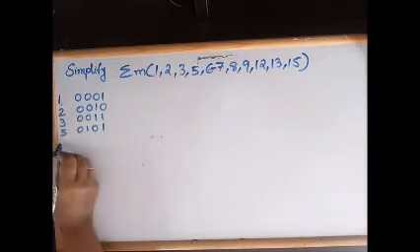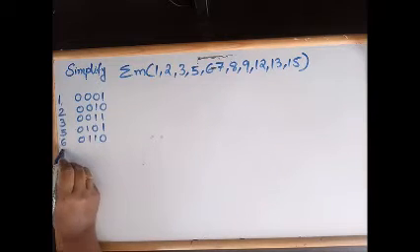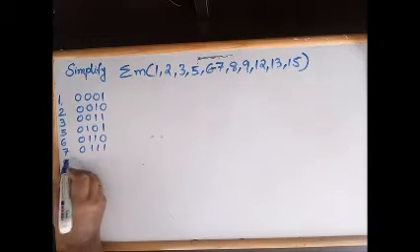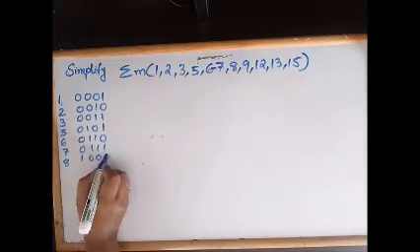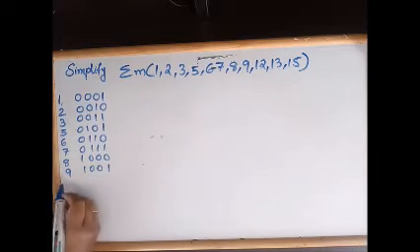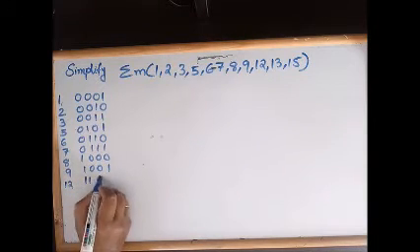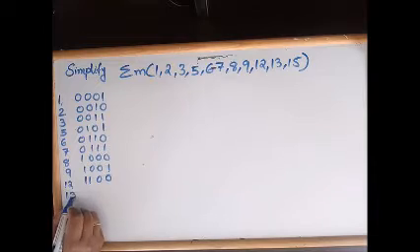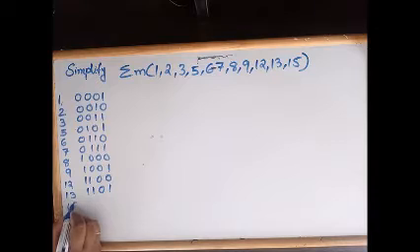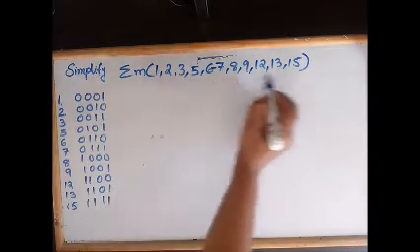Then 6, 0, 1, 1, 0. And 7, that is 0, 1, 1, 1. 8, 1, 0, 0, 0. 9, 1, 0, 0, 1. Then 12, that is 1, 1, 0, 0. Then 13, that is 1, 1, 0, 1, and 15, which is 1, 1, 1, 1. So these are the min terms in our question.